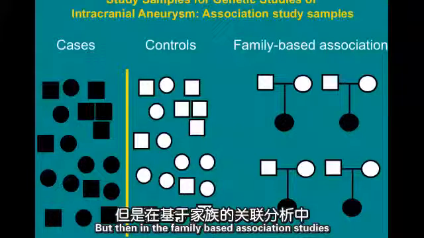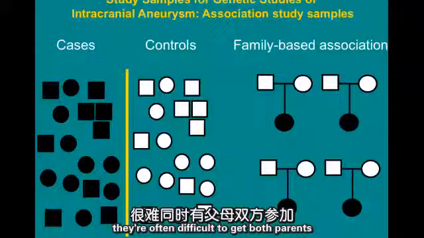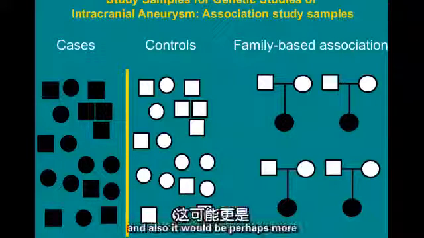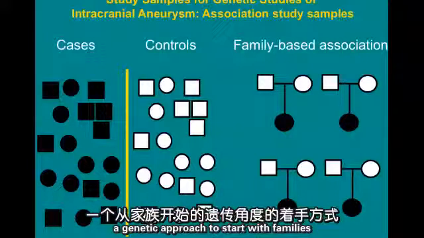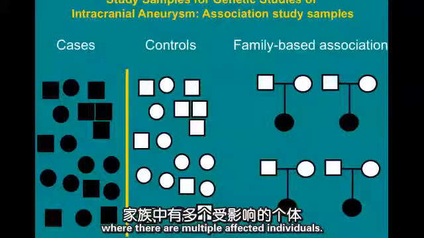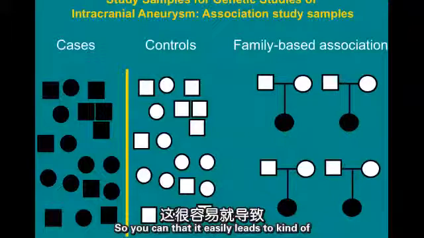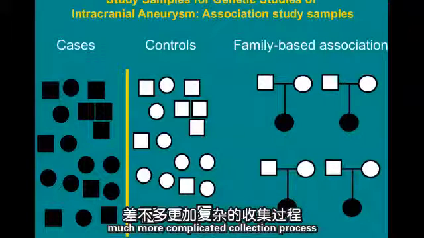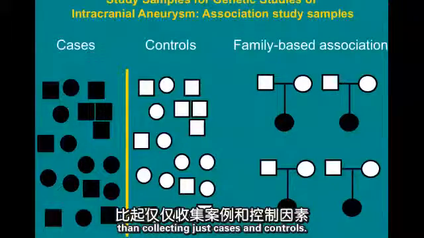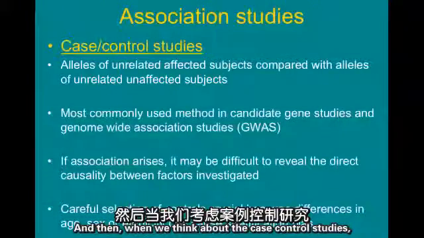But in family-based association studies, there often is the difficulty of getting both parents, and it would perhaps be more of a genetic approach to start with families where there are multiple affected individuals. So it easily leads to a much more complicated collection process than collecting just cases and controls.